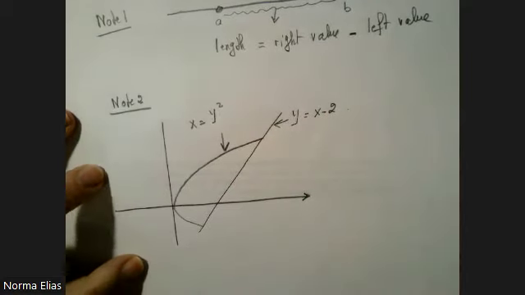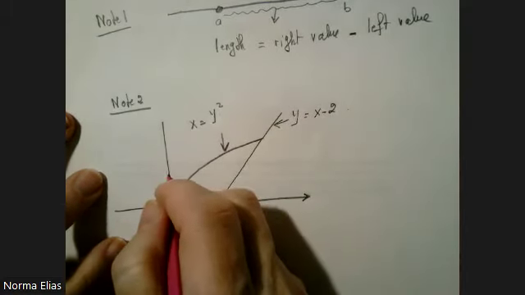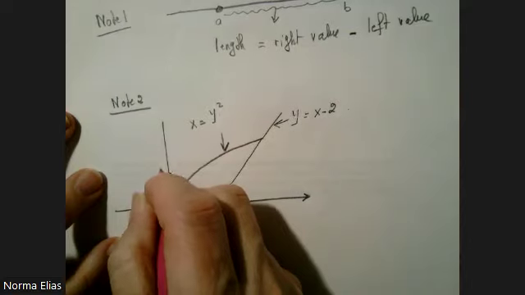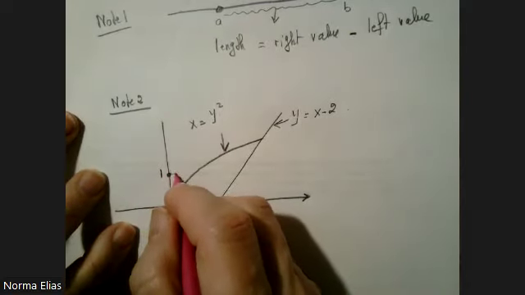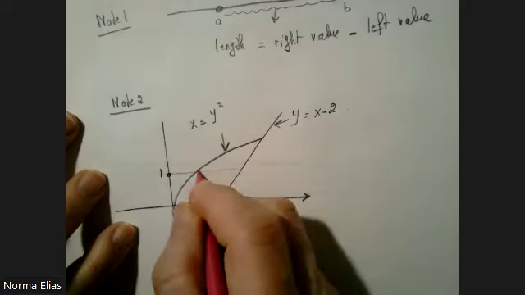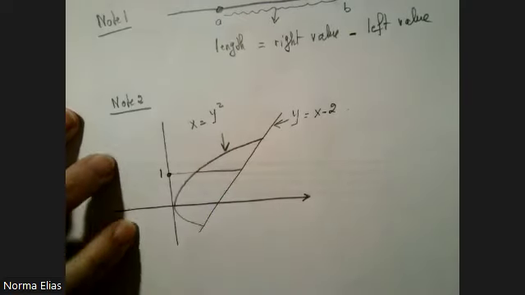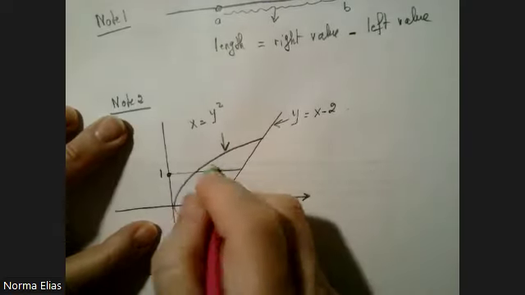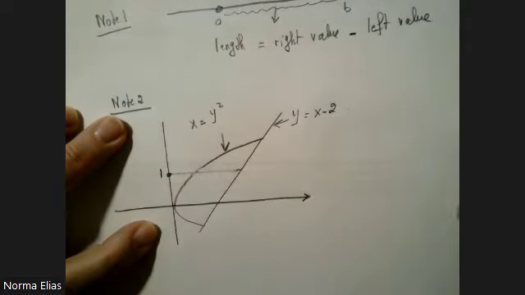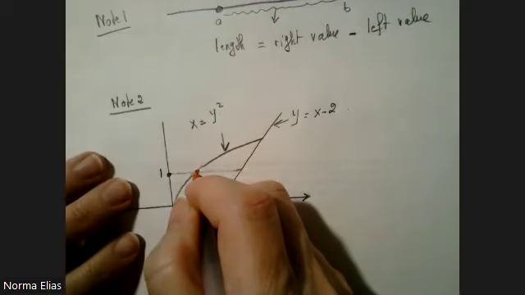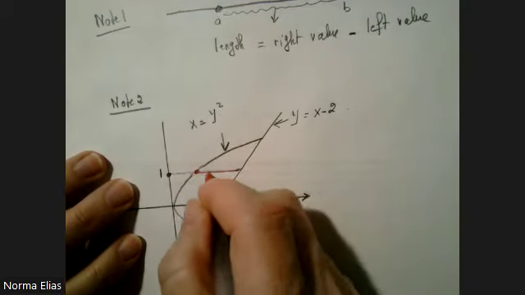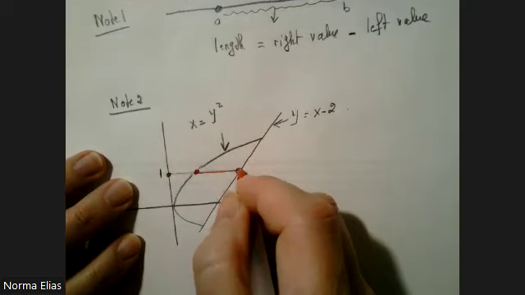Okay, so this is a question addressed to you. And I'm going to give you a value of y. This is a 1. I'll ask you the following question. I'm going to go from here, and I'm going to draw this line segment in red. I'm going to take this line segment from this curve, which we're going to call the left curve, to the right curve, this line segment. This is 1.